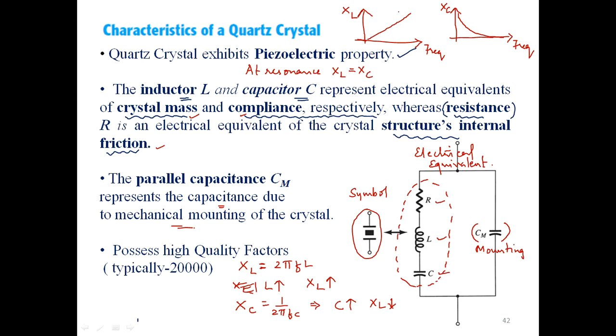How does that happen? If I overlap XL on XC, then it becomes like this. This is the stage when XL will be equal to XC, and with respect to the phases, XL and XC cancel.